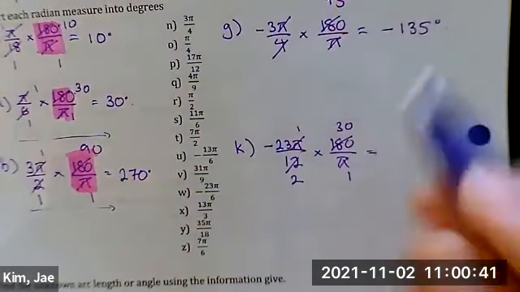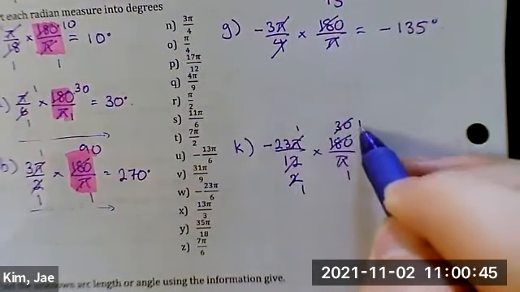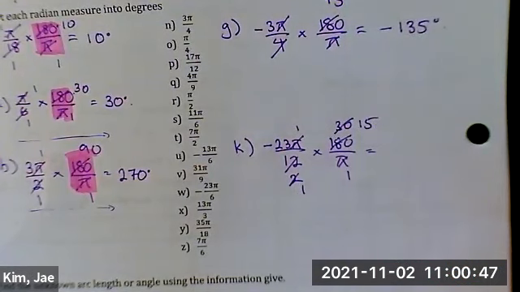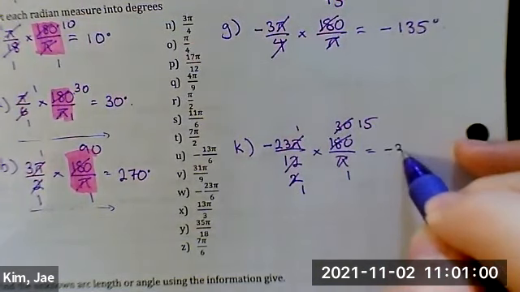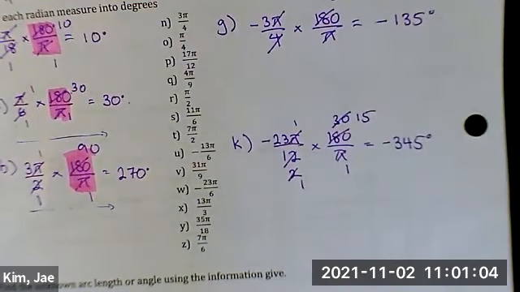Think about it, and then you can continue on. Maybe that's a 1, and that's a 15. Multiply that across: 3 times 15 is 45. There you go.